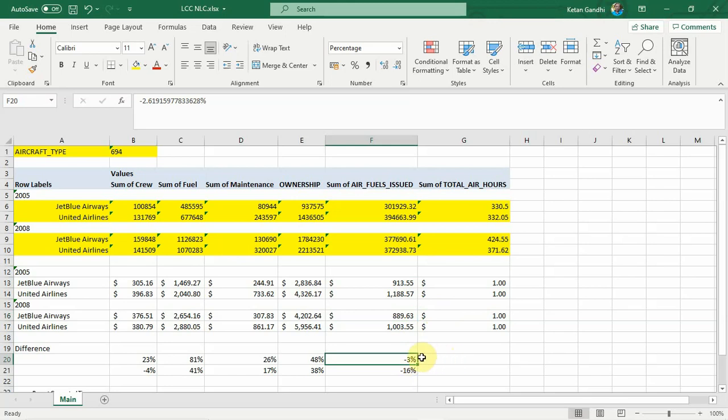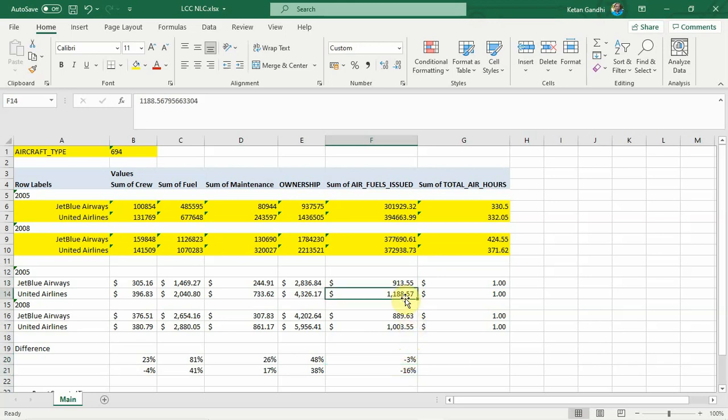So somewhere the strategy has worked in reducing the cost of the fuel issued for this particular aircraft for this particular year. So it was -3, so reduced cost.